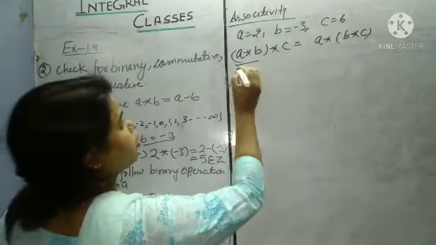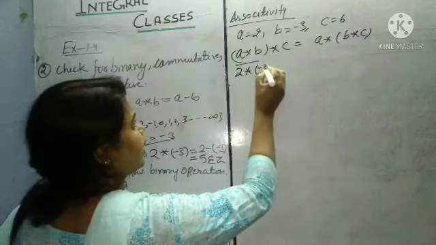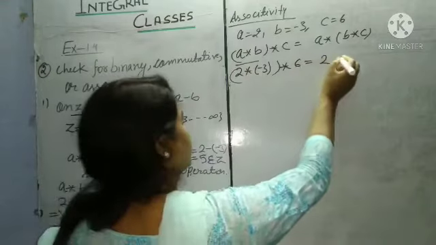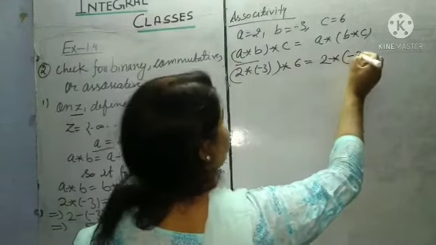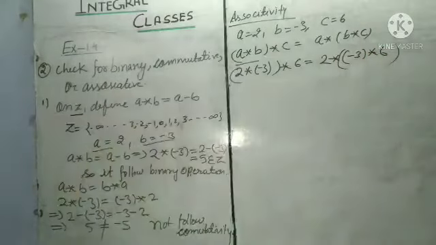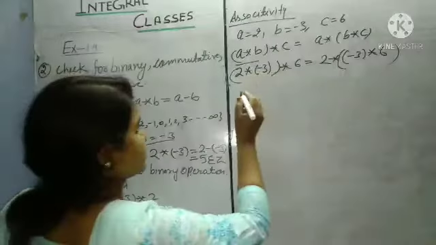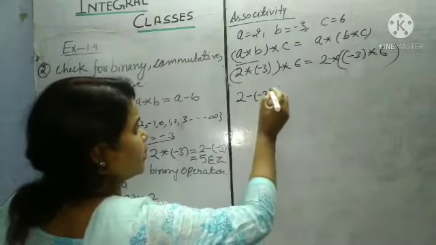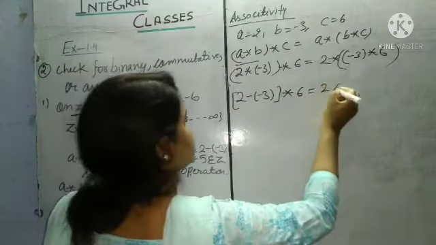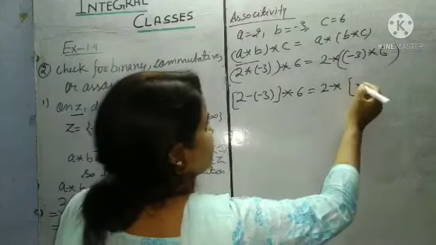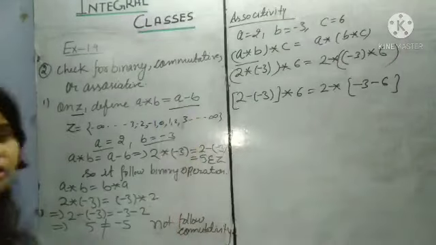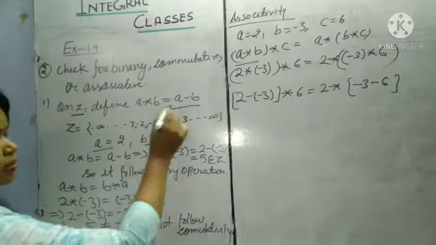It means 2 star minus 3 star 6 equal to 2 star minus 3 star 6. Now 2 star minus 3 is 2 minus 3, star 6, equal to 2 star minus 3 minus 6.